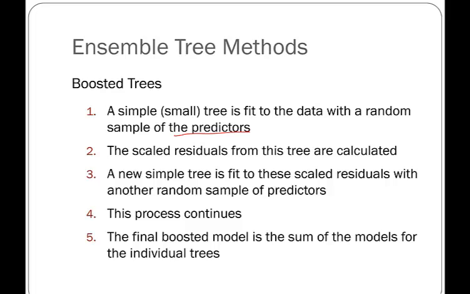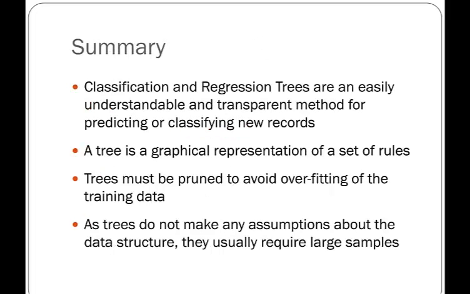So in summary, we've learned about classification and regression trees, otherwise called CART models, and these are usually very easy to understand and very easy to communicate to fellow workers and customers and anybody who's interested in what's going on. You can do both prediction and classification.